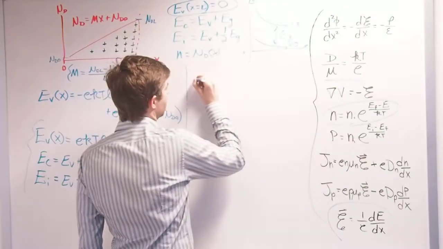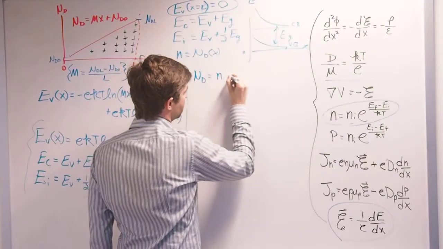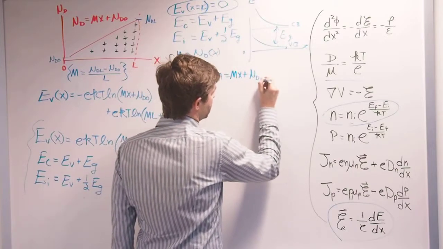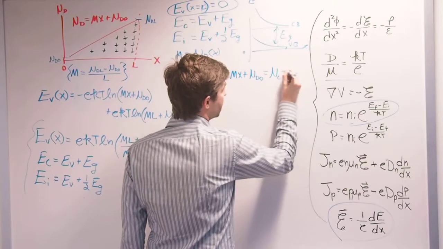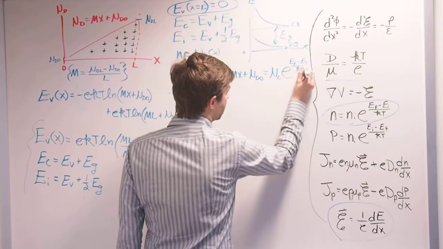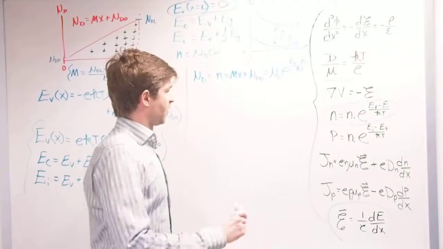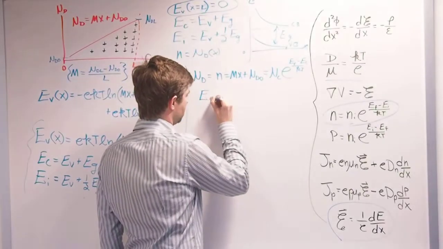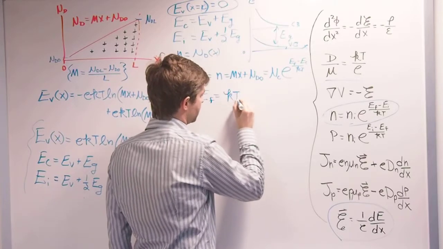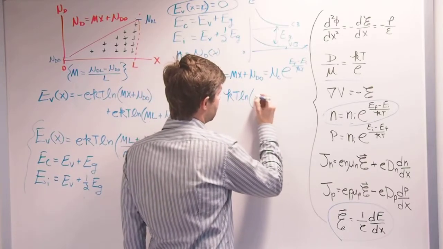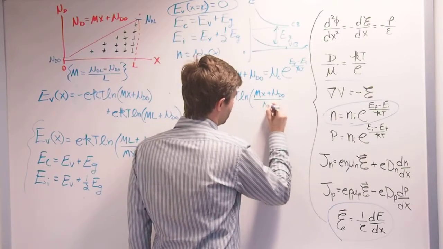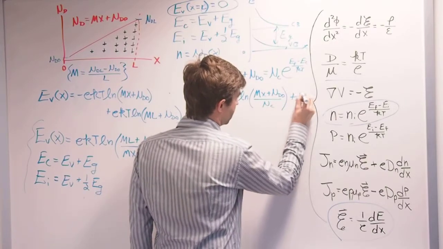So we can say that N_D is equal to n, which is equal to m x plus N_D0, which is equal to N_C e to the (E_F minus E_C) over kT. So we're going to solve for E_F. E_F is equal to kT natural log of (m x plus N_D0) over N_C, plus E_C.